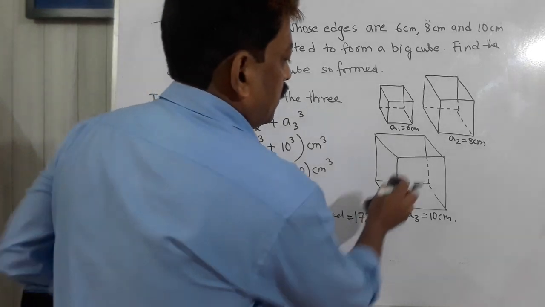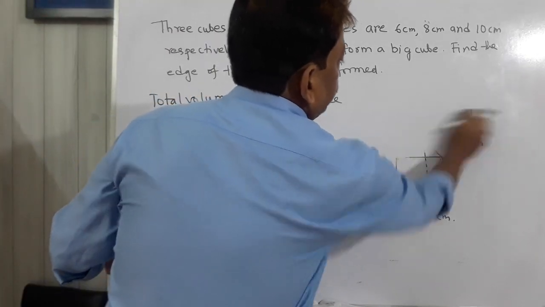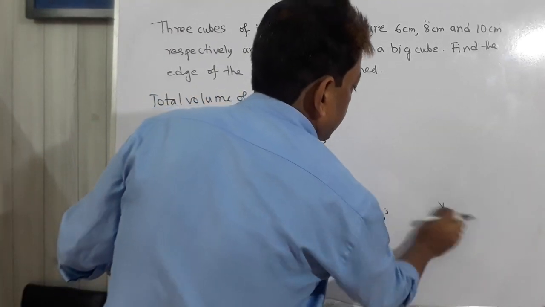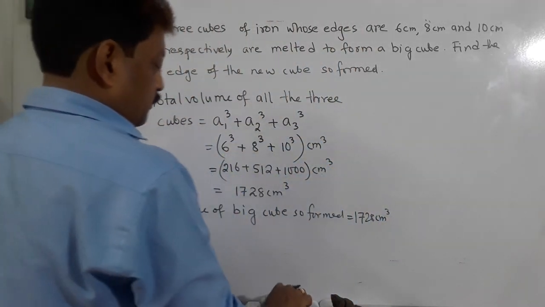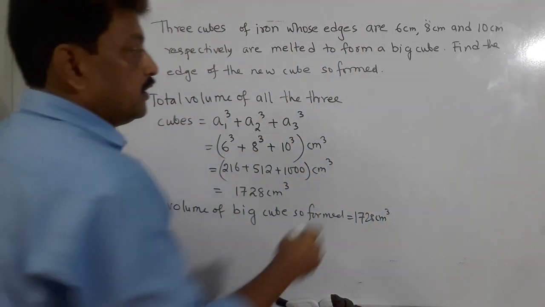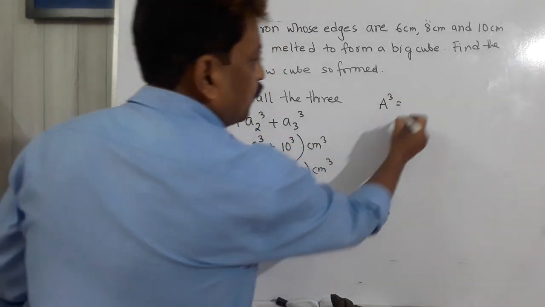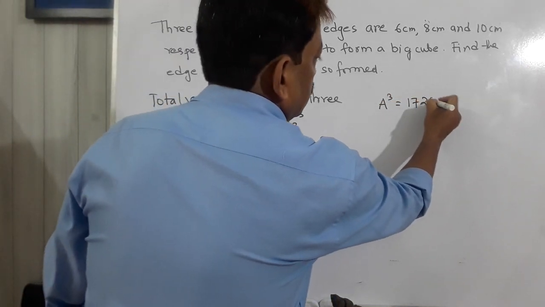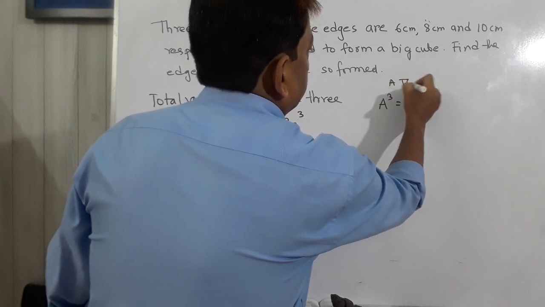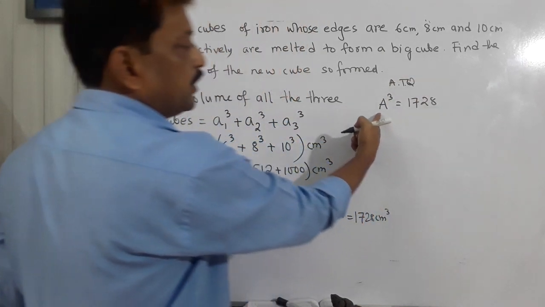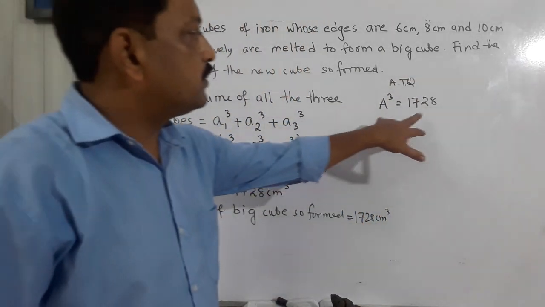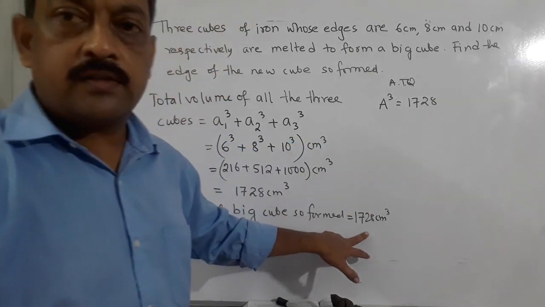Now, I have considered the length of each side of the big cube as capital A. So, the volume of the big cube will be A cube and that is equal to 1728. It is according to the question. Volume of the big cube, that is A cube, is equal to 1728 as calculated.